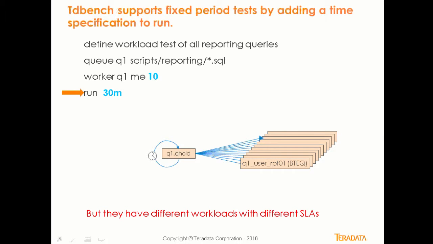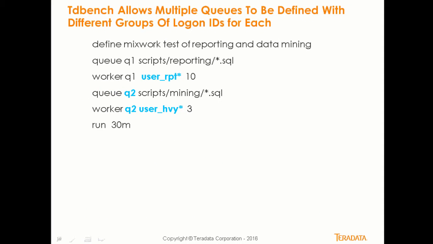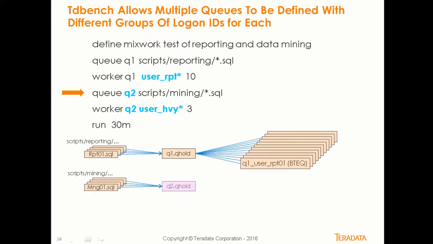But sometimes even more is needed to model the user environment. This shows a script that defines 2 queues, one for reporting and one for data mining. Each queue gets its own queries and workers. Then you can use TASM to apply different workload settings by profile, account, or username substrings.